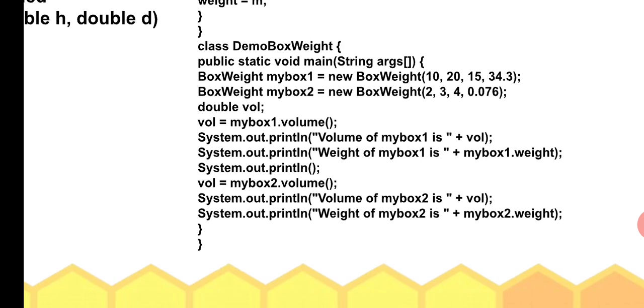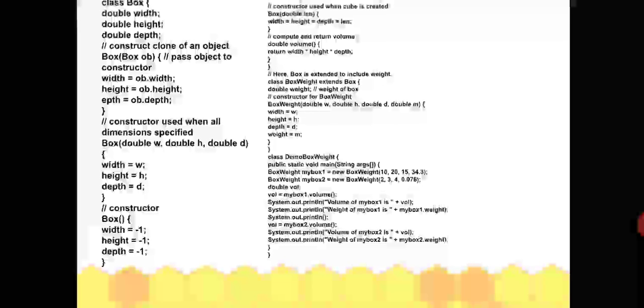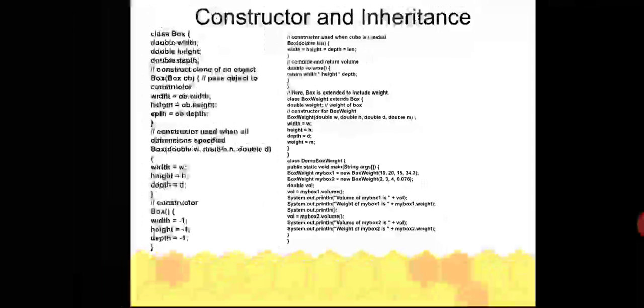You have to return width into height into depth according to this particular code. Fine. Now after that you are using System.out.println again and you are trying to print the value of weight, that is nothing but 0.076, because myBox2 will hold the weight value as 0.076.